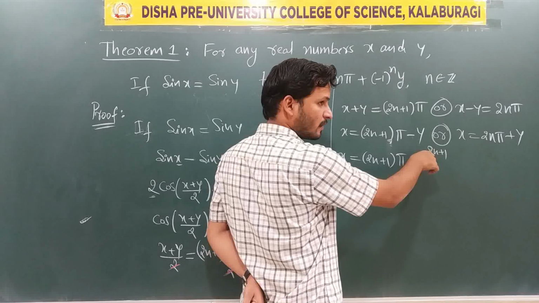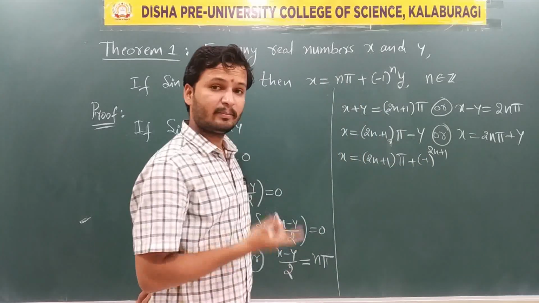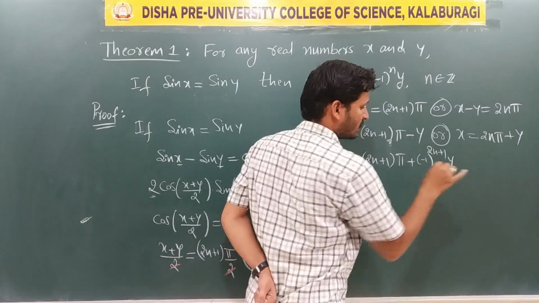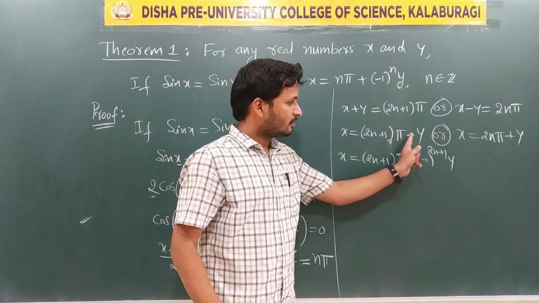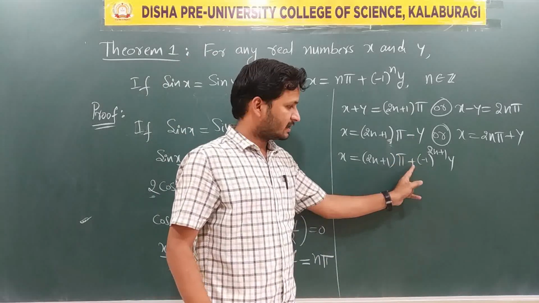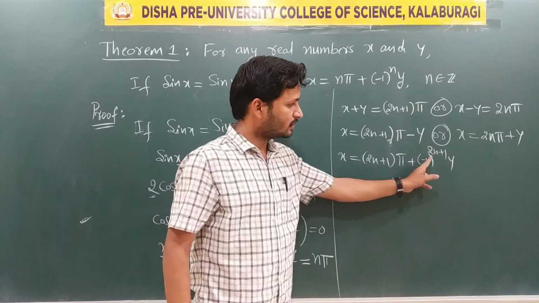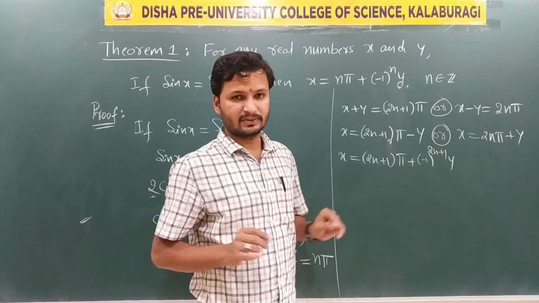Minus 1 to the power odd number is again minus 1. Keep this pi as it is. Here this minus 1 can be written as minus 1 to the power 2n plus 1, because minus 1 to the power 2n plus 1 is minus 1. So plus into minus is minus.